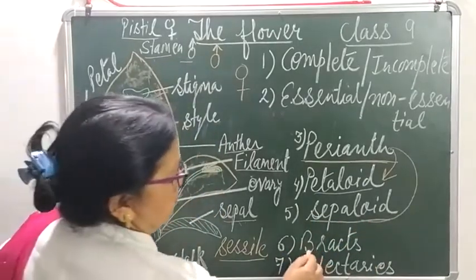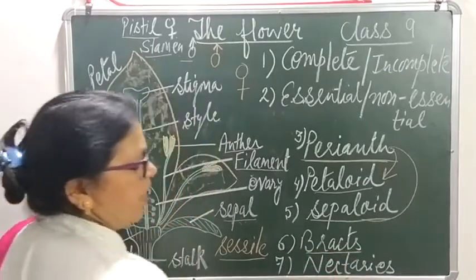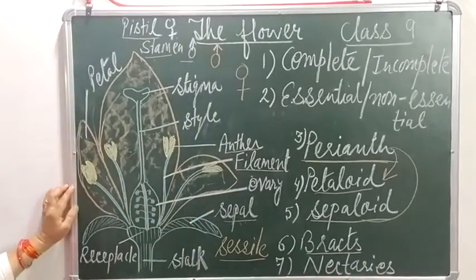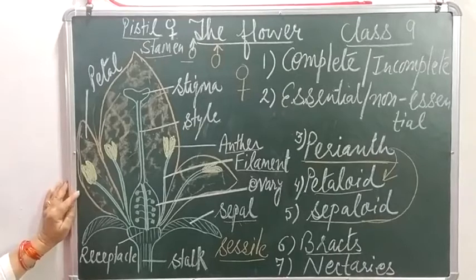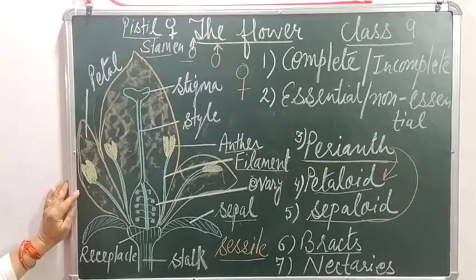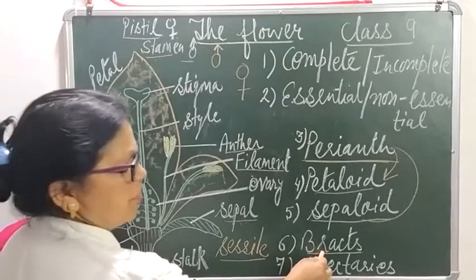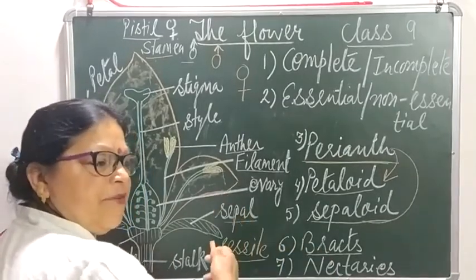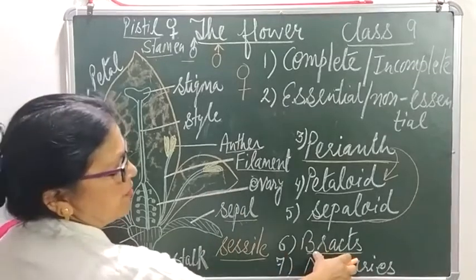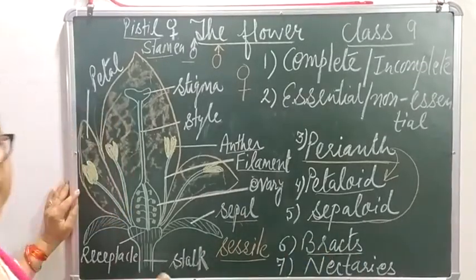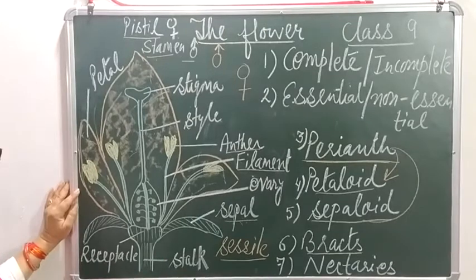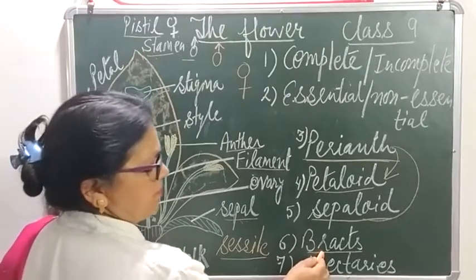Coming to the next term, bracts and nectaries. What are bracts? Sometimes in some flowers there are leaf-like structures. They are not leaves. In the axil of these leaf-like structures, the flower is present. These leaf-like structures are called bracts.